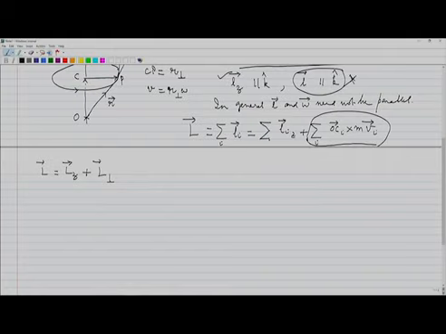So L perpendicular is the other quantity which is encircled. So what is, let me write this, Lz vector.